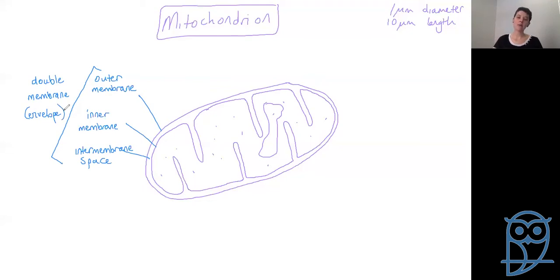You see the outside one is just smooth and simple and goes all around the outside. The inside one is folded, and these folds are critically important, so they have a special name as well. One is called a crista, plural cristae, just add an E on the end. It's an infolding of that inner membrane, and when you fold the membrane, you increase surface area.